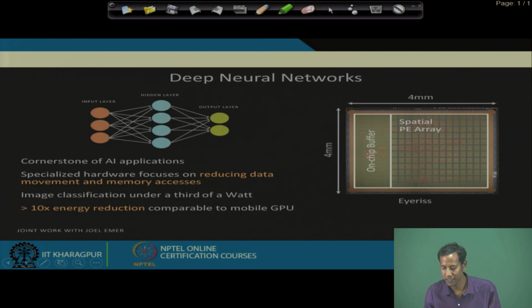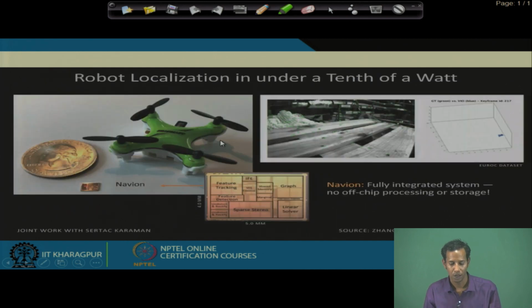This is an artificial intelligence processor named Eyeriss. It was developed at MIT, and this work was published in the International Solid State Circuits Conference in 2016.